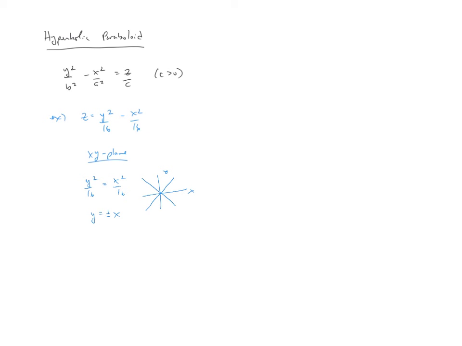Now, we're not quite done yet, because what if we let z equal 1? Well, if we let z equal 1, then we're going to have 1 equals y squared over 16 minus x squared over 16, which is then a hyperbola with a major axis of y. So not only are we testing multiple values here, but we're getting very different shapes.